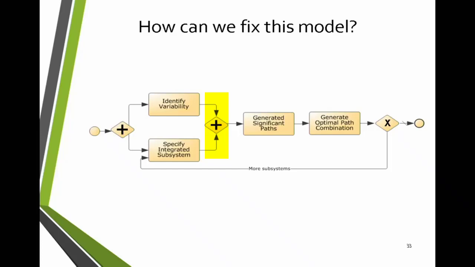What you now could do, I didn't draw it on the model, but replacing this AND join with an inclusive OR join solves the problem. Because an inclusive OR join can be used, whenever you have only one incoming arc that is enabled out of both, to continue the process.